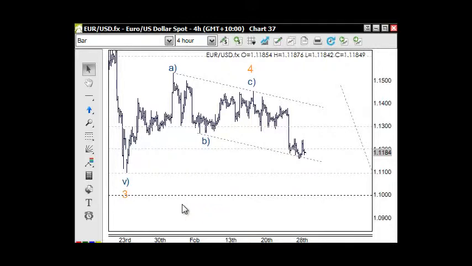But once again, as I just mentioned with the US dollar index, it is possible that this can be a B wave here and a C wave over here to complete wave 4 over here, and this is a 61.8% retracement level here. Probably past that a little bit, but that's it. So look, just putting it there, I know that's a little bit annoying, but that's the thing with Elliott. You've got to keep all the counts on the table.